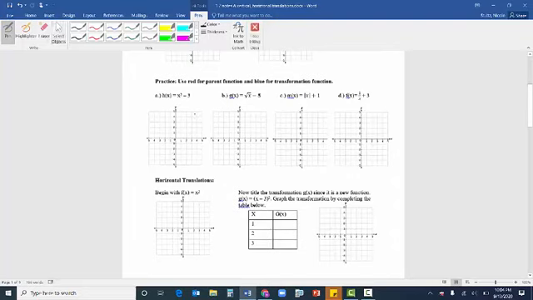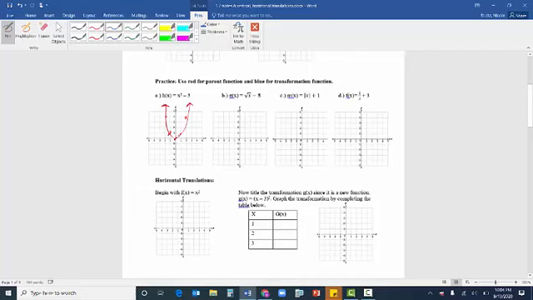Right, so let's take that same mentality and let's try to use that down here. Now it does say to use red for the parent function, so it wants us to graph a basic parabola, so I'm going to do that with red. Try to do it as neat as I can here. And then we're going to use the transformation as blue.